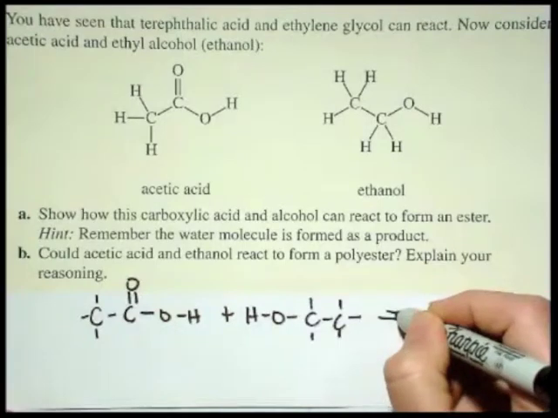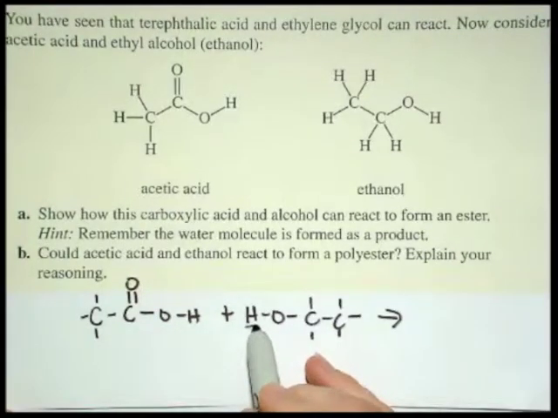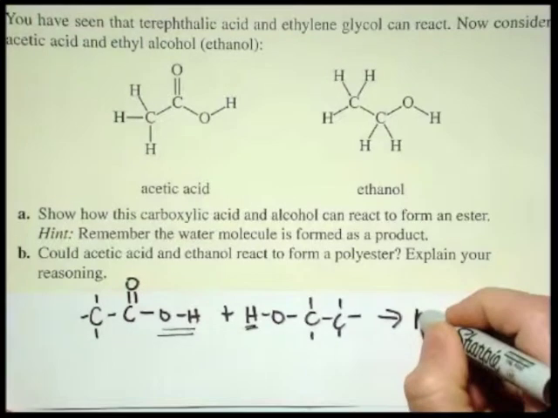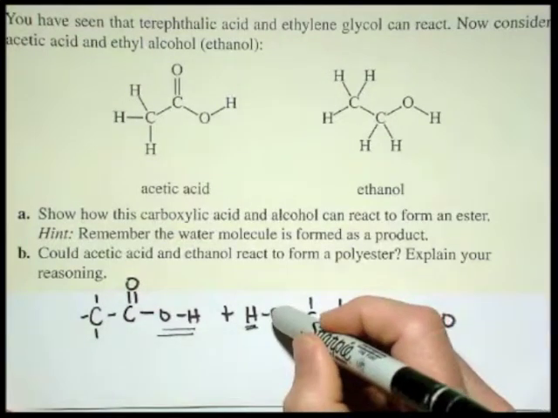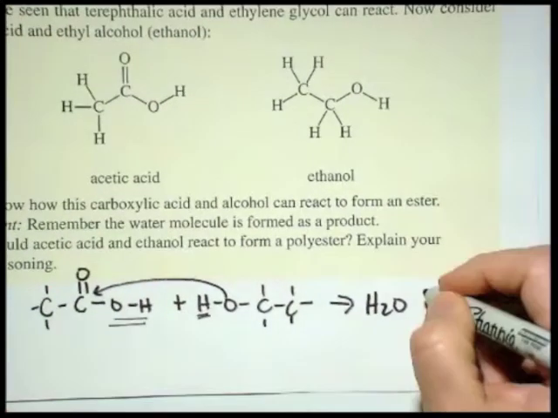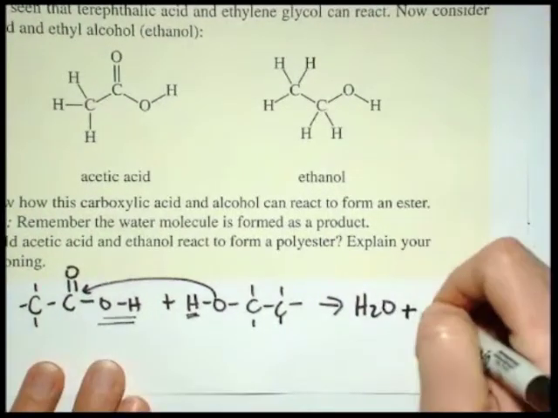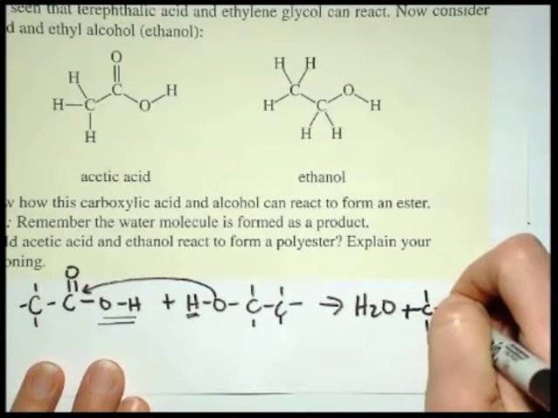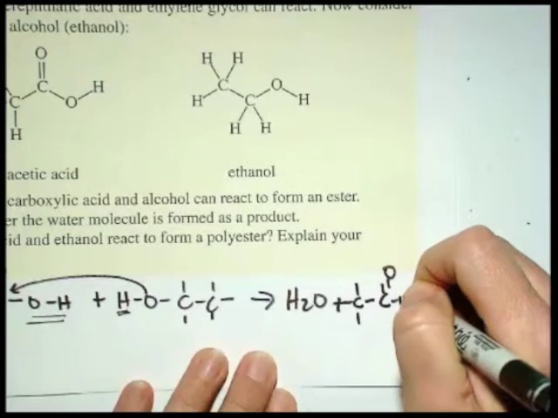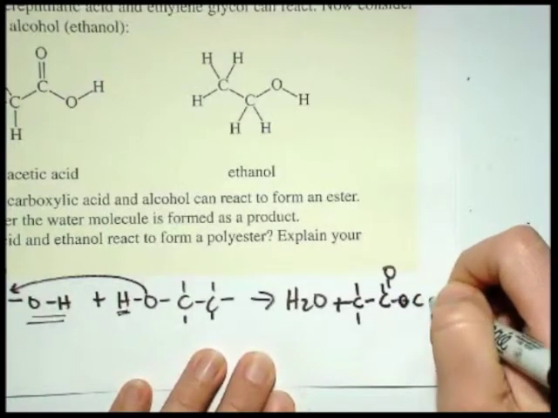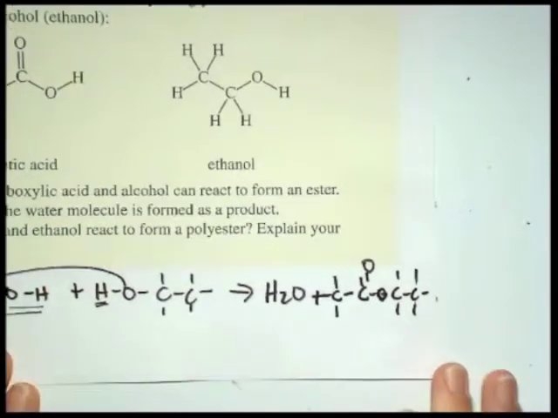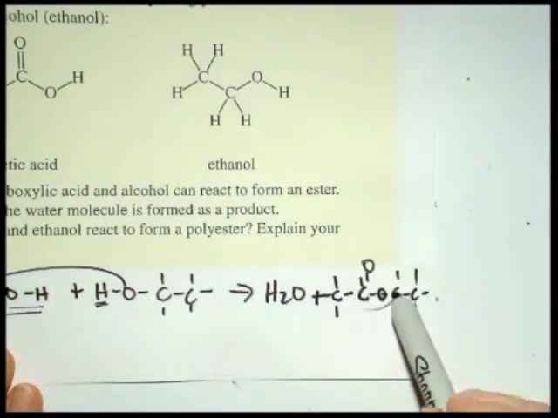And you know that the hydrogen from the alcohol group and the OH from the carboxylic acid group are going to split off to form water, leaving this oxygen to bind directly to that carbon, giving us our ester linkage. So I'll just write that molecule over here. Okay, so that's the molecule that we form, and you can see the ester linkage is right here.